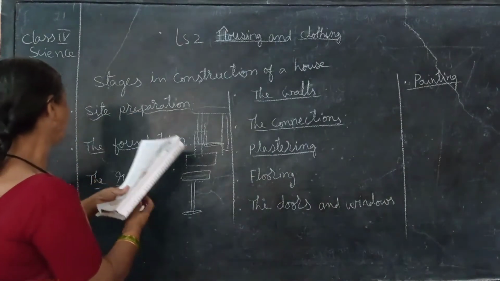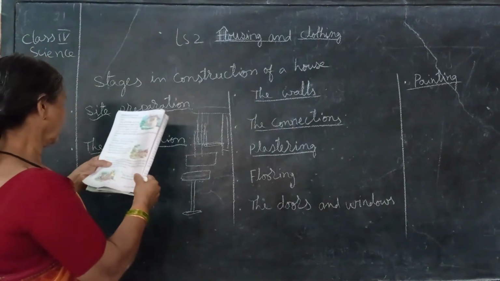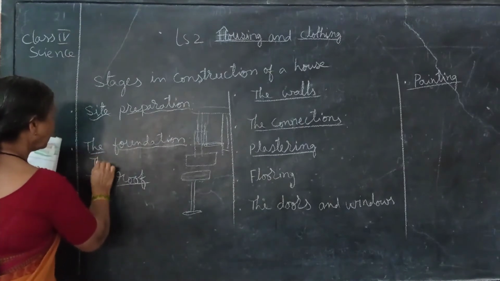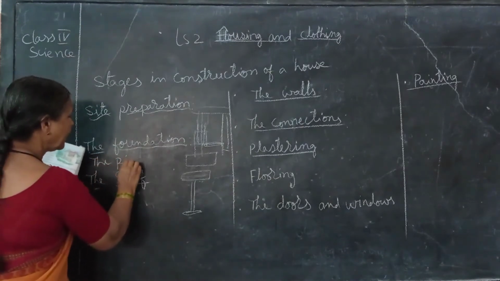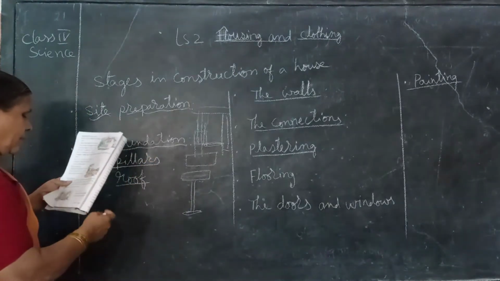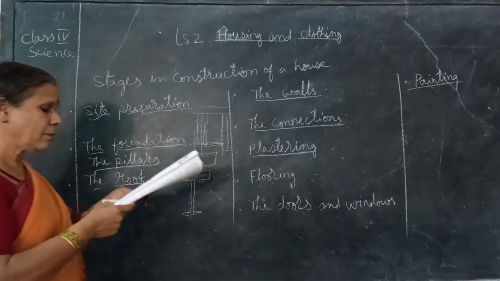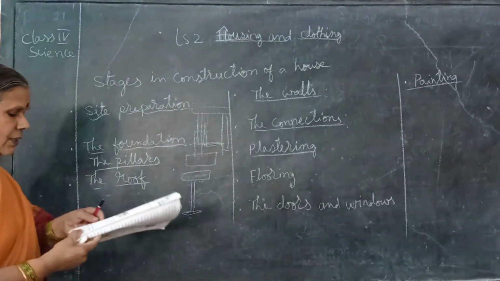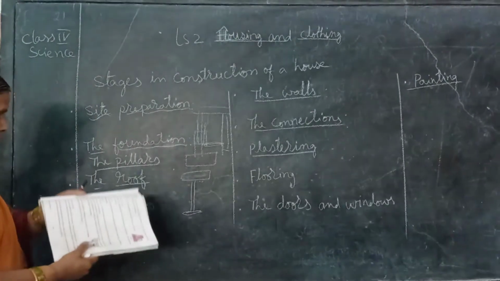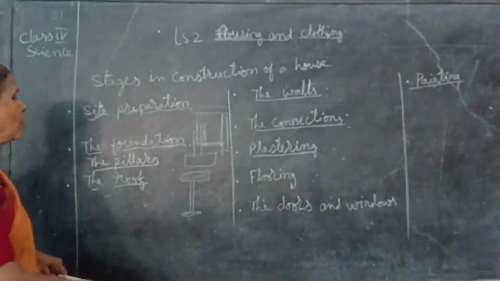Then the pillars. Pillars are built. After the foundation, the pillars are there. Here these are the pillars. P-I-L-L-A-R-S. The pillars. The pillars are built by pouring concrete into frames of steel rods.